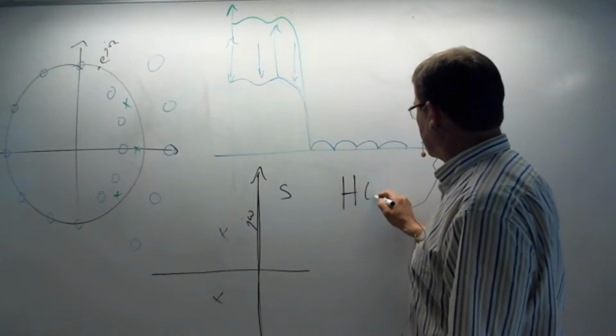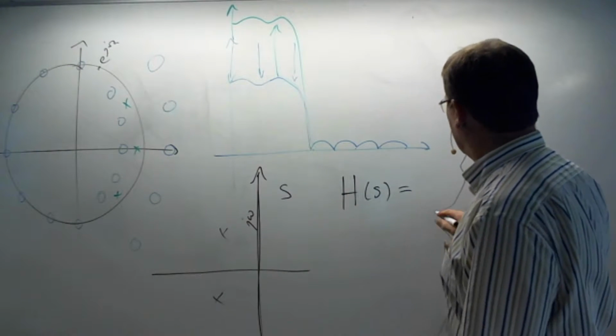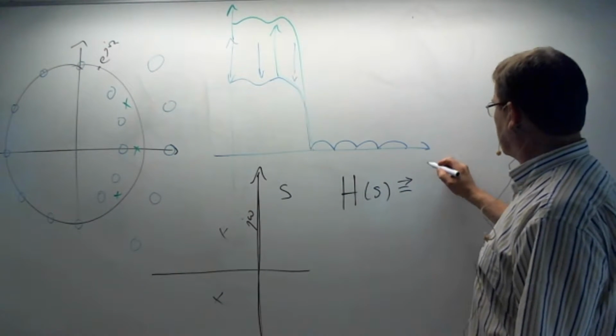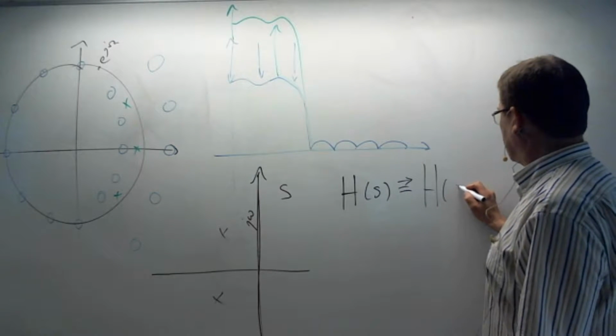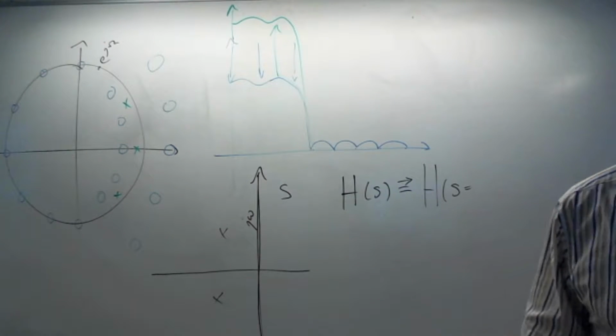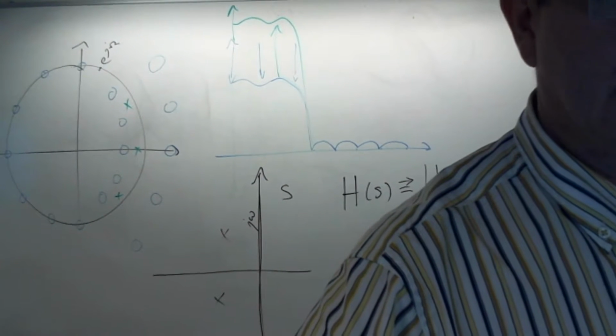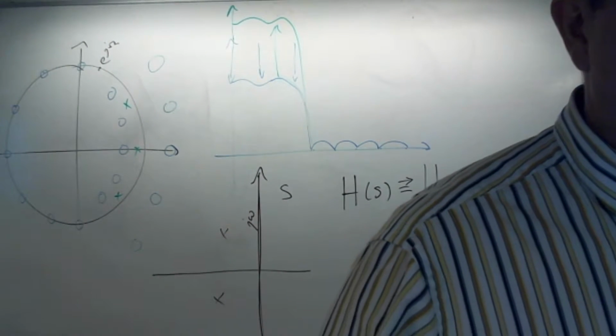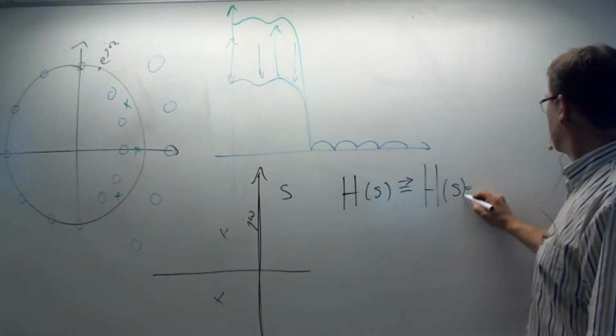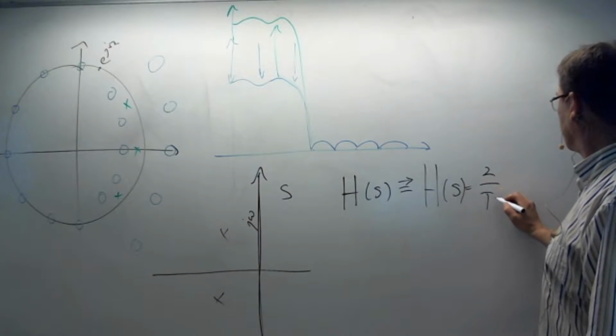You have an H of S, and you move it to H of S with s equals 2 over T, I think. Let's see. Yes, 2 over T times S. Just a calculation, 2 over TS.